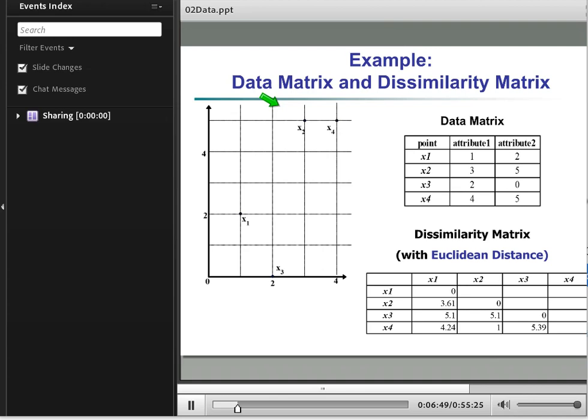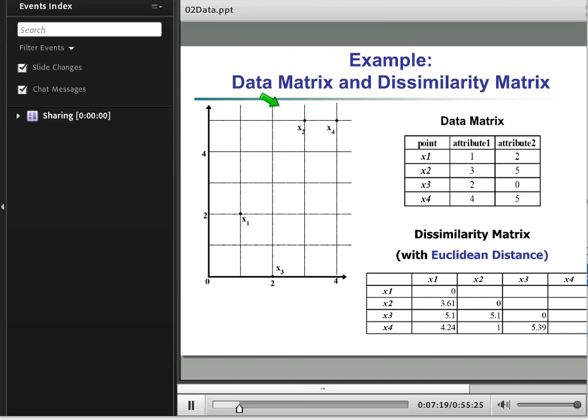Sometimes all data are completely numerical. When all data are numerical, we can present those data in a matrix, for example, in a 2D or 3D space.